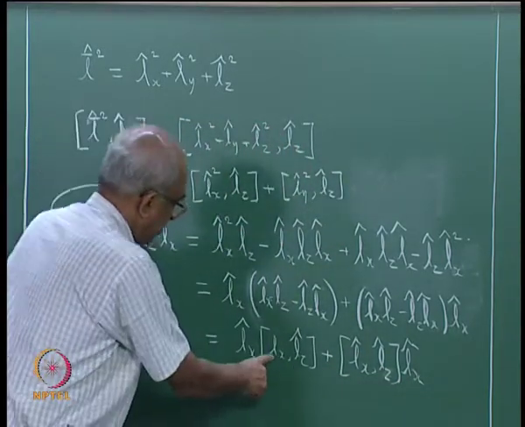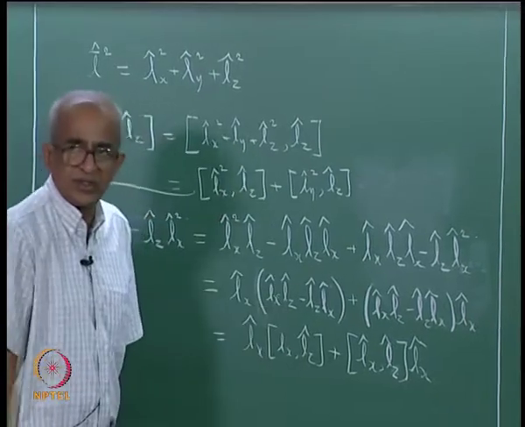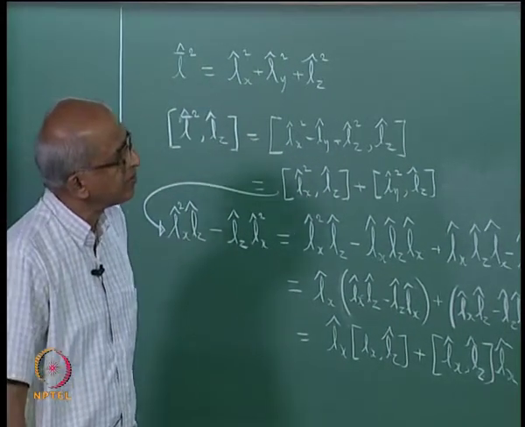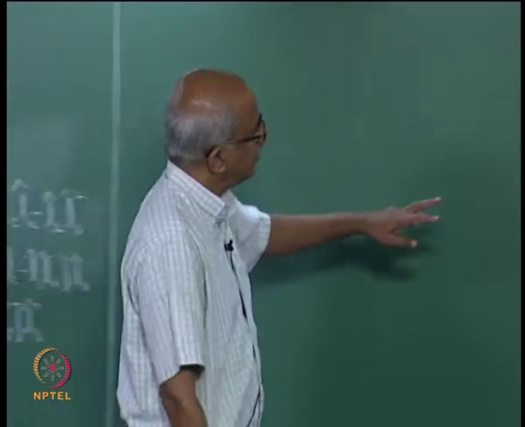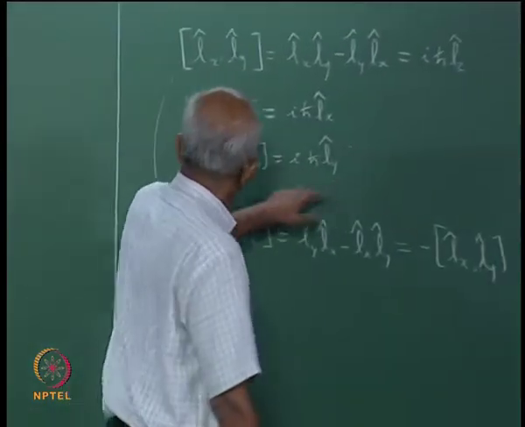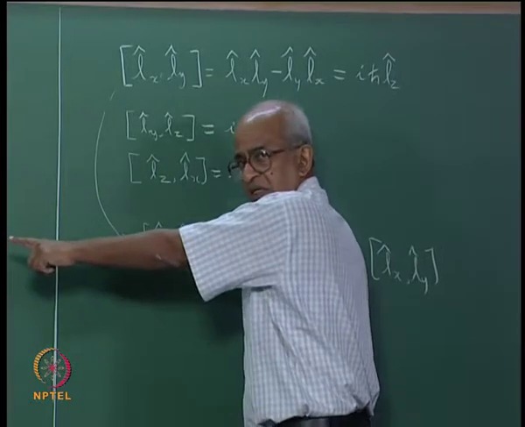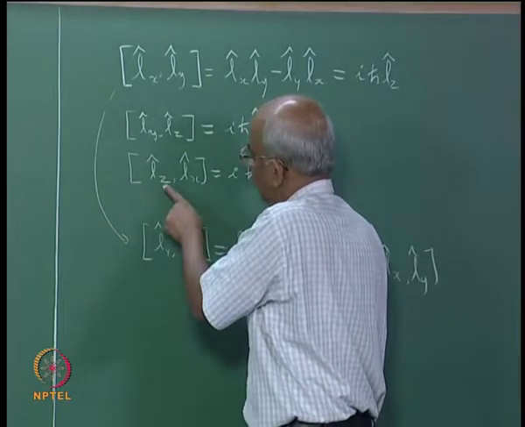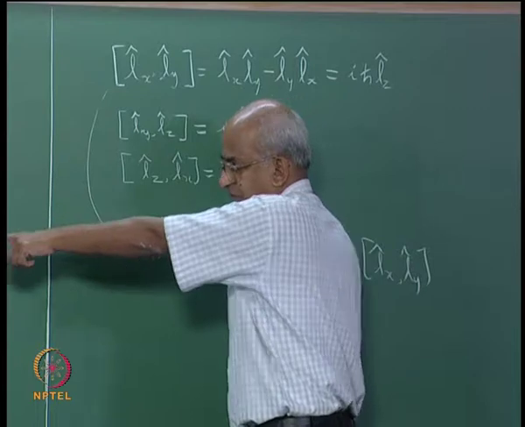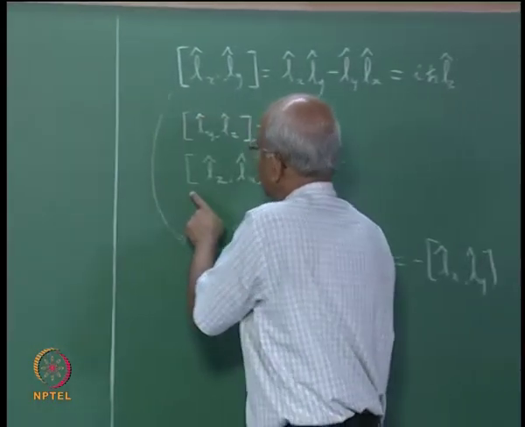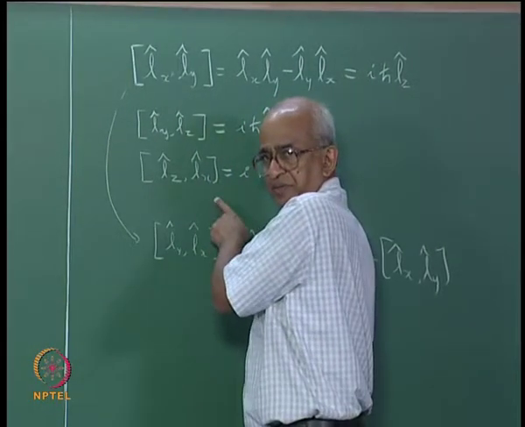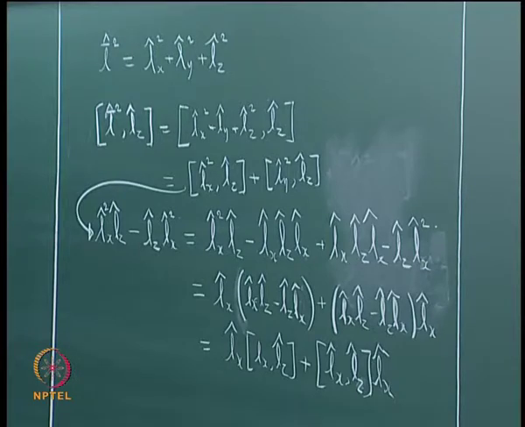So what is the commutator of Lx with Lz? We have to make use of this last relationship, and this is not exactly that, but obviously any one of the commutators there is just the negative of this commutator. So therefore, what is the answer?